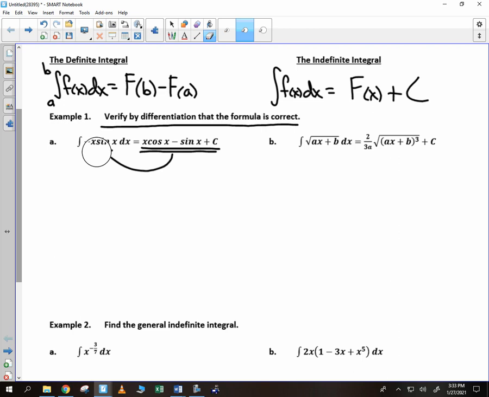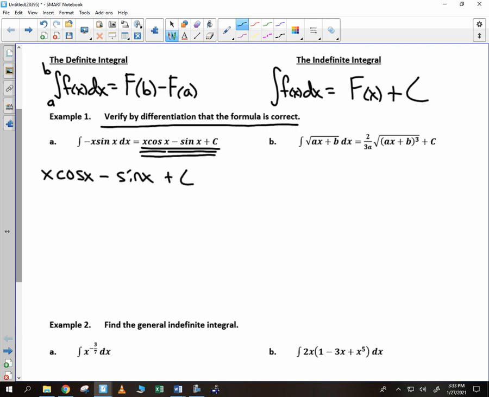So let's show that in this situation. This is a reminder of some of your integral derivative type problems. I want to take the derivative of that expression: x cosine of x minus sine of x plus c. I'm going to take that derivative. Notice that the part that I underline here requires the use of the product rule. The derivative of x is 1 times cosine of x plus x times the derivative of cosine, which is negative sine of x.